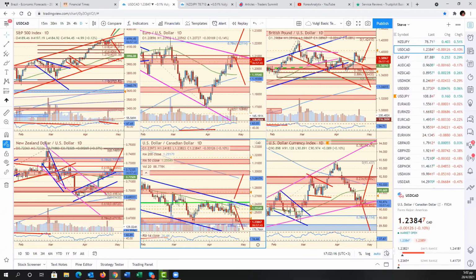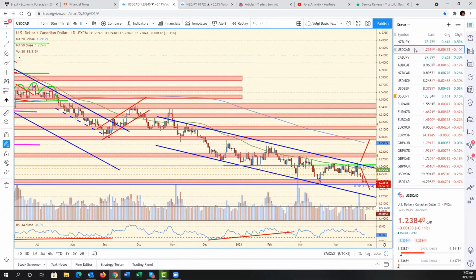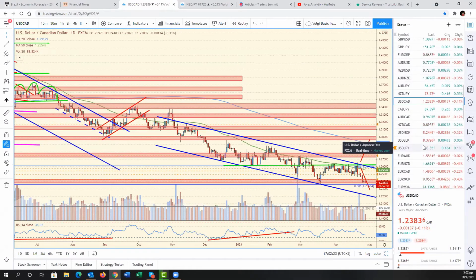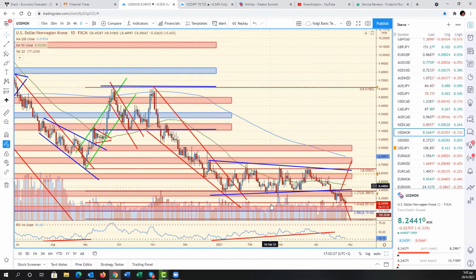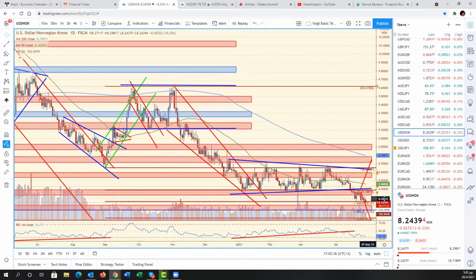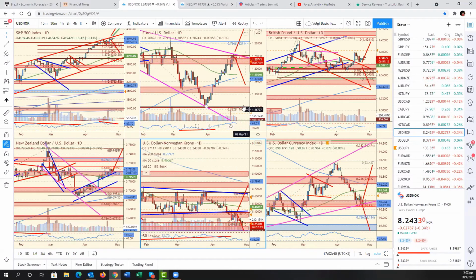Here's USD CAD, quite heavy today, almost testing the previous low. USD NOK has already broken through the previous low, retested the triangles, broken trend line support as resistance, and is on its way to the next objective, which is at 8.15. So, should you be fading any of that? In my opinion, you shouldn't.